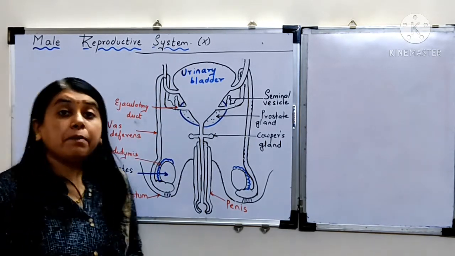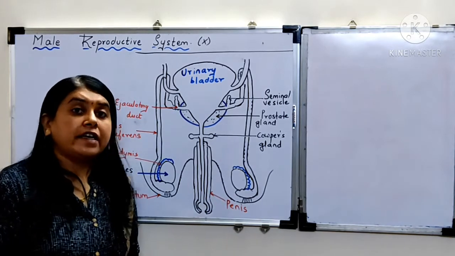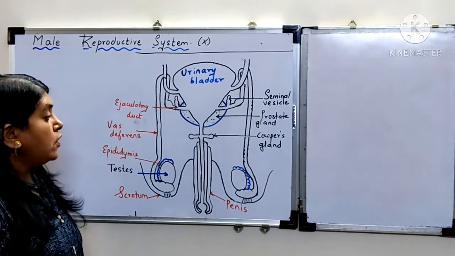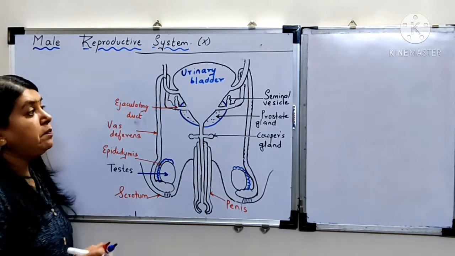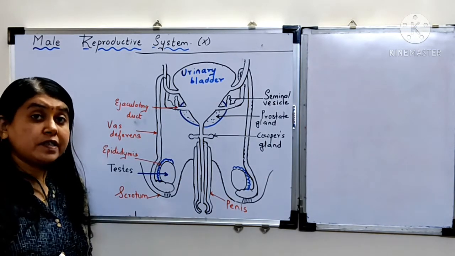Now let us begin with the understanding of these different organs. So in a 5 marks question, or if you have to explain the male reproductive system, what will you say?